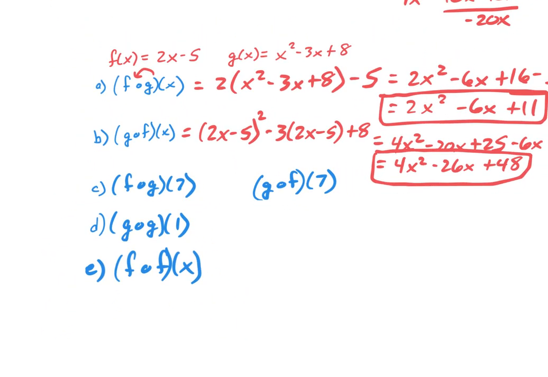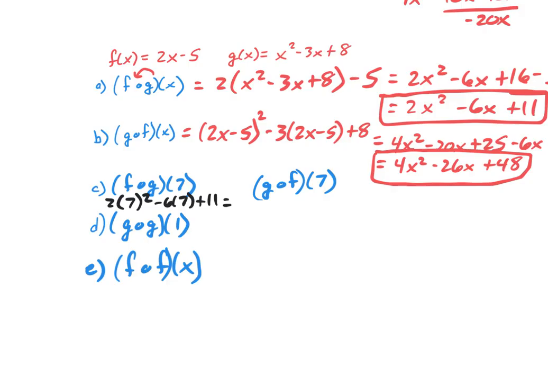So we're going to go 2 times 7 squared minus 6 times 7 plus 11. So I'm just taking this function and putting 7 into it. And something like this you could probably just put right into your calculator. You have to do order of operations though.